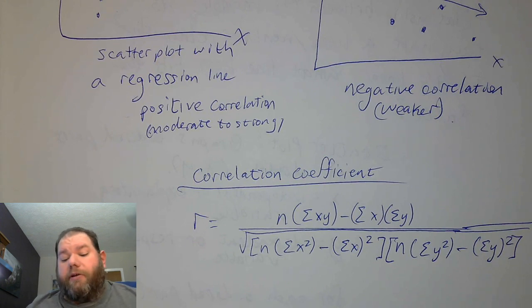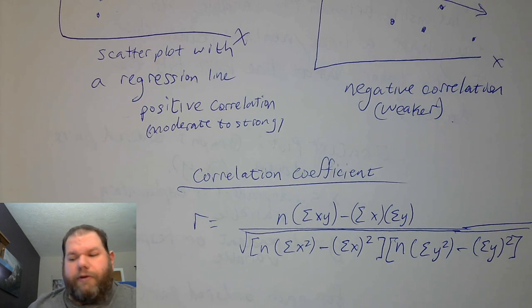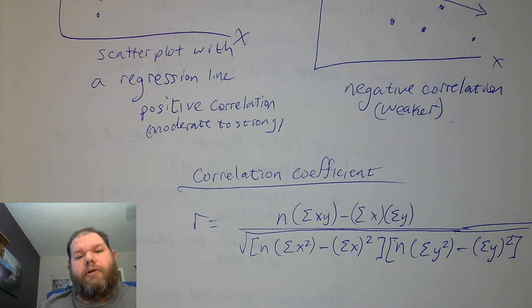So that is our formula for calculating R, the correlation coefficient. Now, what I thought we would use for this is the data that we have for the project, just to kind of demonstrate what we can do here.